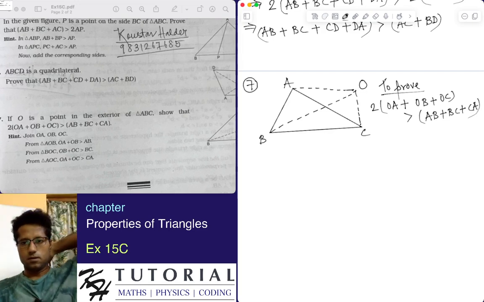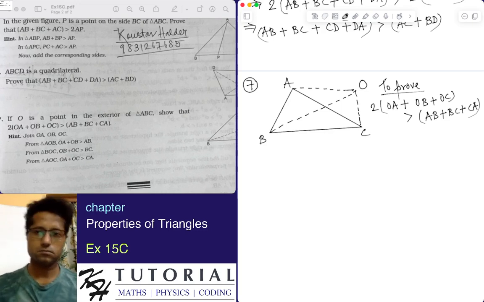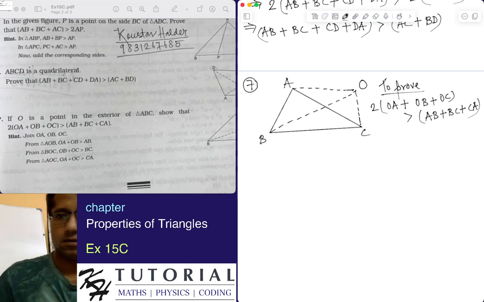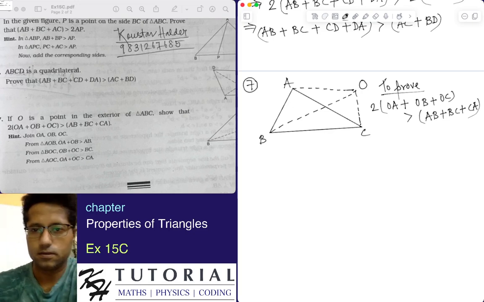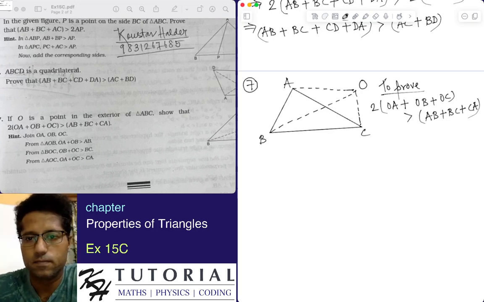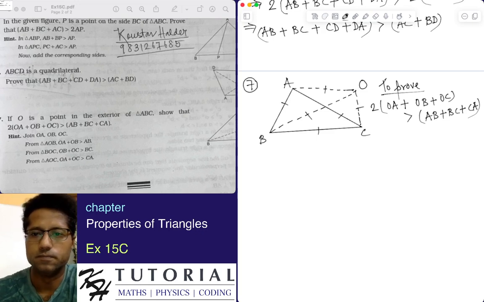Okay, so we have to consider the sides OA. We have the sides of the triangle ABC here. This also we have to consider the sides AO, OA, OB and OC.